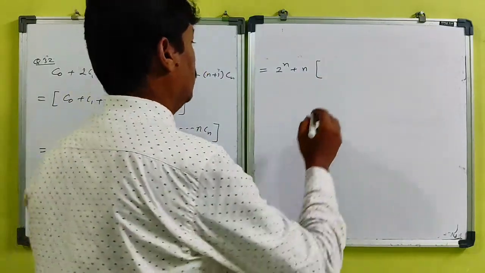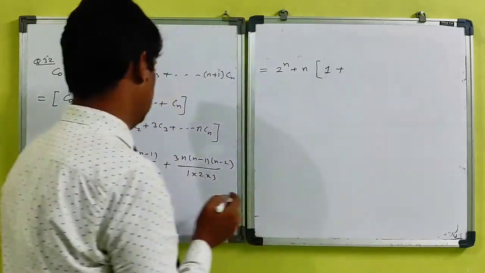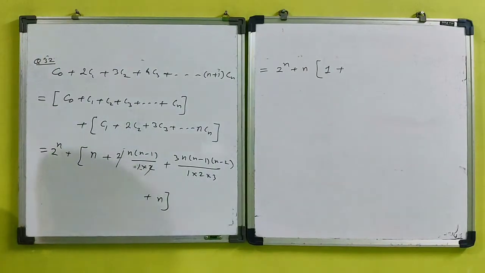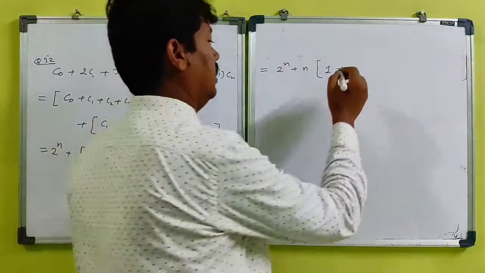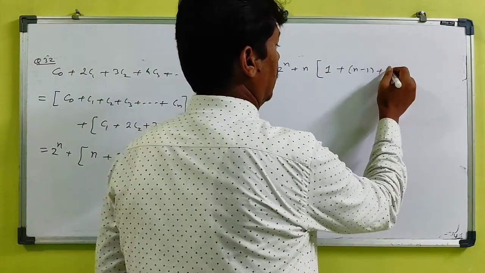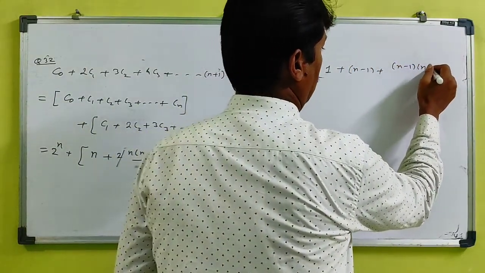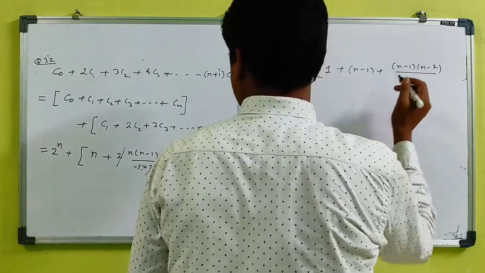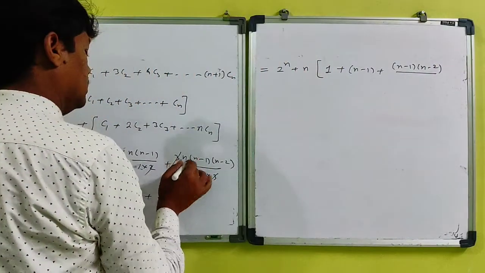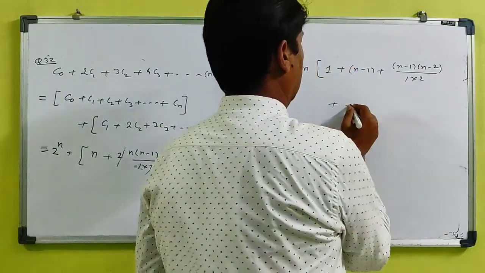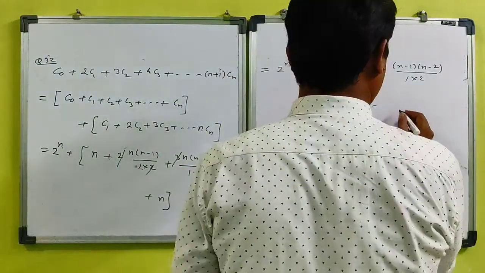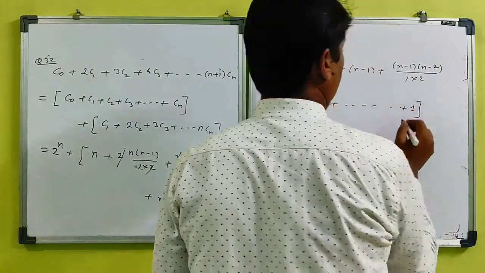What remains inside? 1 plus, this 2 and this 2 cancel, so n is taken out, 1. The next term will be n minus 1, then n minus 1, n minus 2. If you observe properly, this 3 and this 3 cancel, n is out, so it is 1 into 2. Similarly, the last term, n common, so it is plus 1.